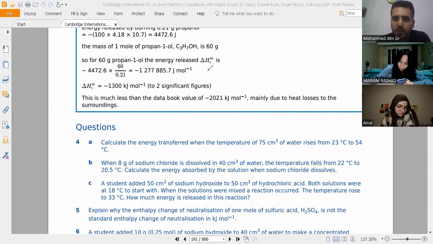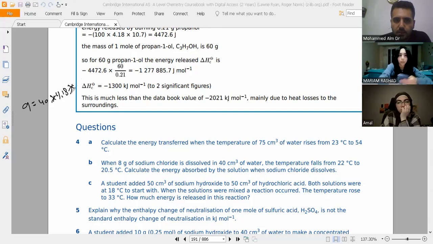So let me show you something now. Q will be equal to MC delta T. M was 40, multiplied by 4.18, multiplied by the temperature fall, which is 1.5 degrees. Even if the change is negative, we don't include the negative here.